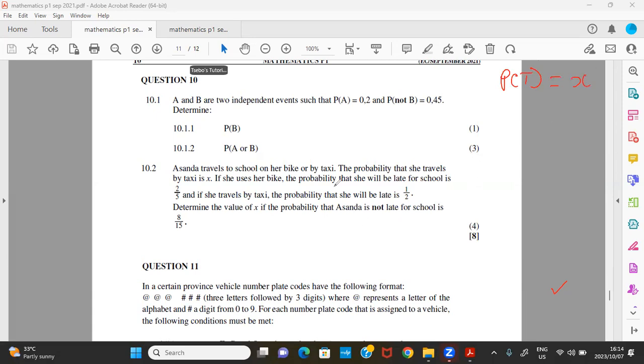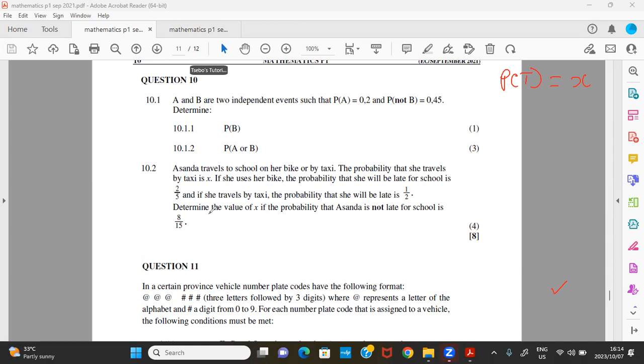If she uses her bike, the probability that she will be late is 2/5. And if she travels by taxi, the probability that she will be late is a half, or 1/2.